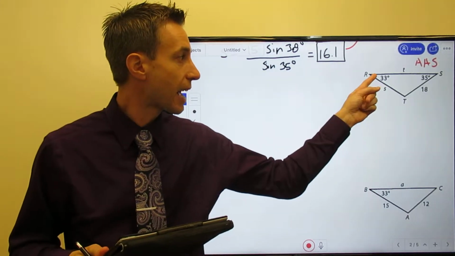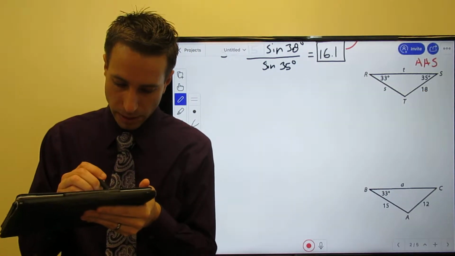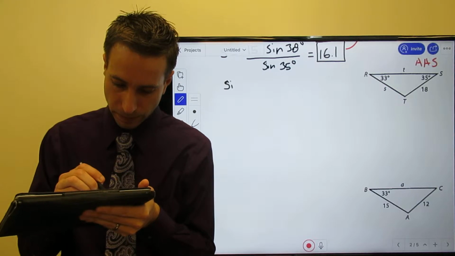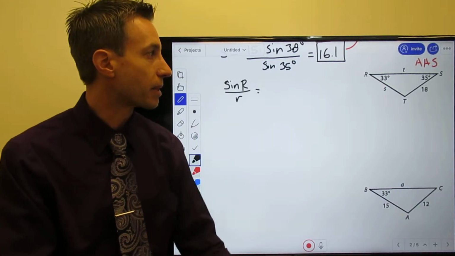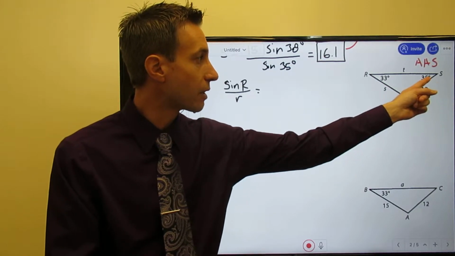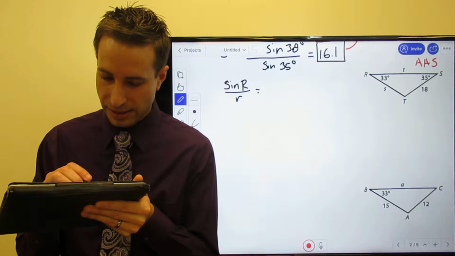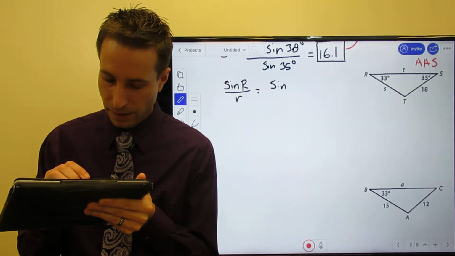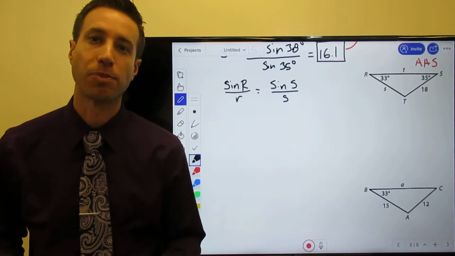Once again, I was given angle R, and I know its opposite side. So the sine of R over side R is equal to, what's the other one I'm given? Once again, I'm given angle S, so we'll have the sine of S over side S, and now it's plug and chug.